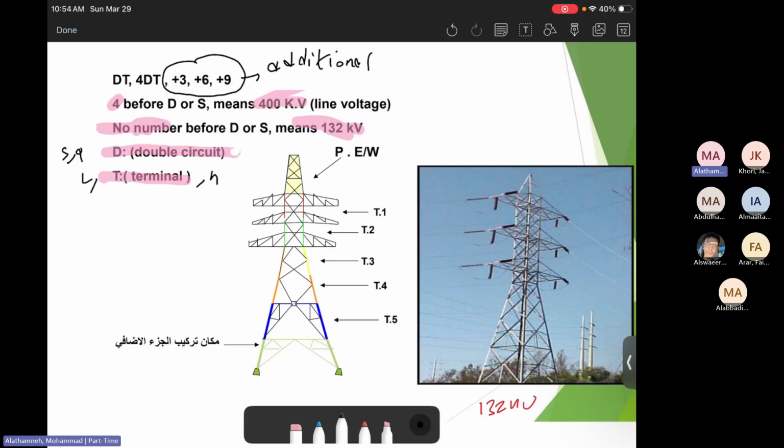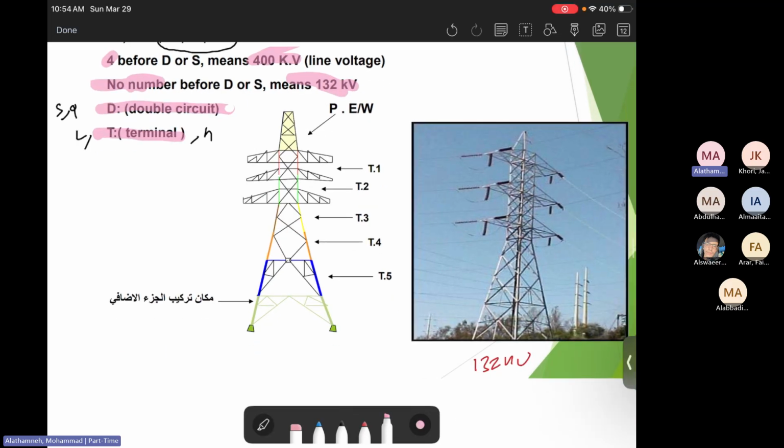Why do we have the additional length? Basically, any tower has a standard height, roughly a number like 20 meters. Sometimes you can see a tower in the valleys. If it is in a valley, you need to increase the height. Maybe you can increase it by 3 meters, 6 meters, or 9 meters. They need to add plus something. The plus something means there is an additional height, and that additional part will be added at the bottom of the tower.